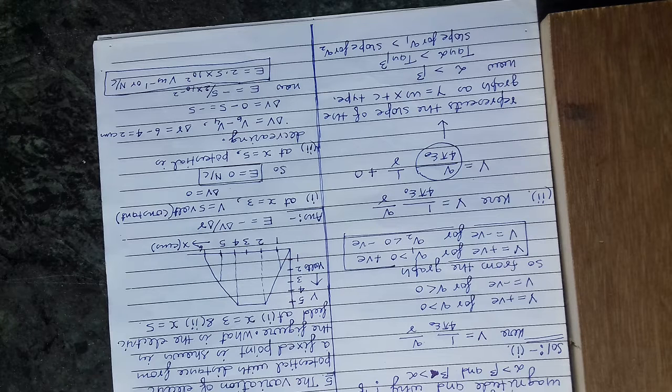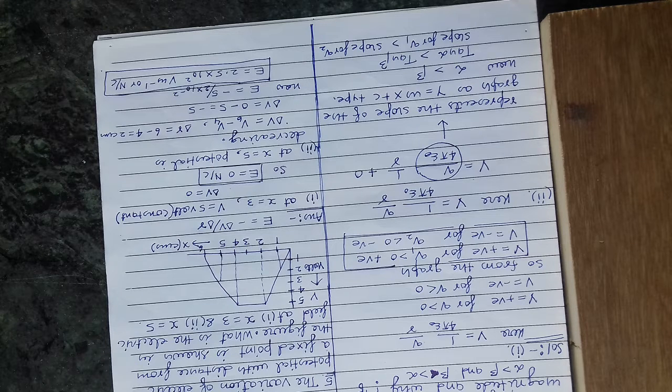You can write this formula in this manner: V is equal to Q upon 4 pi epsilon naught into 1 by r. This can be written as V is equal to Q upon 4 pi epsilon naught into 1 by r plus 0. This is the equation of a line y is equal to mx plus c.